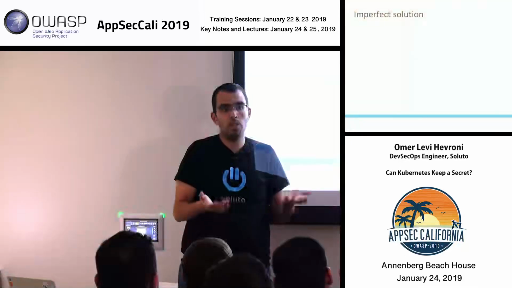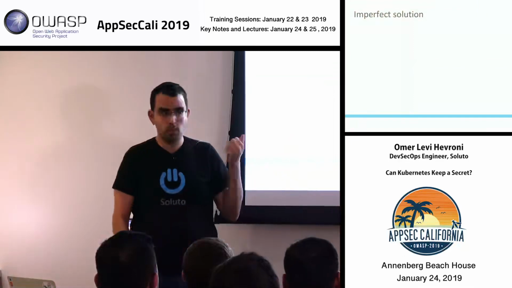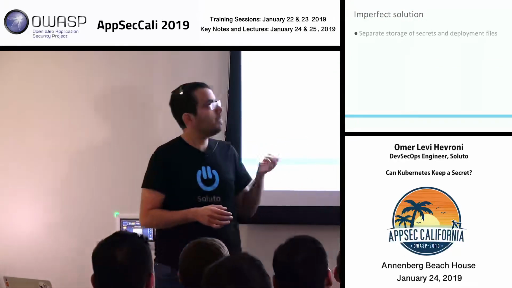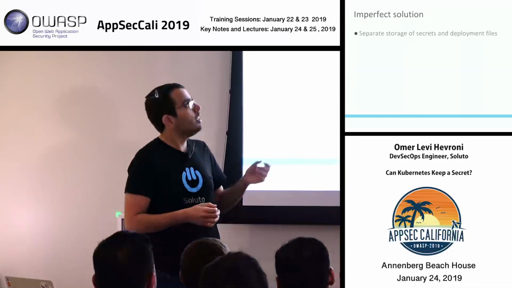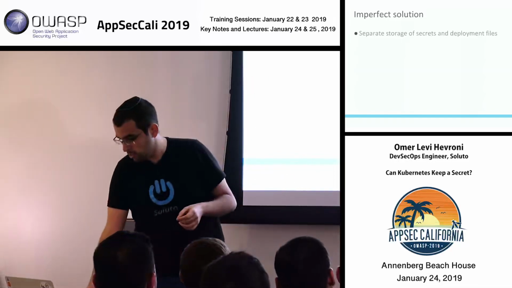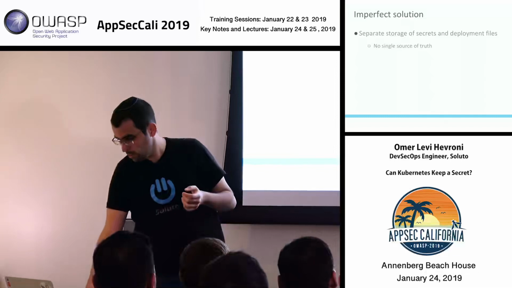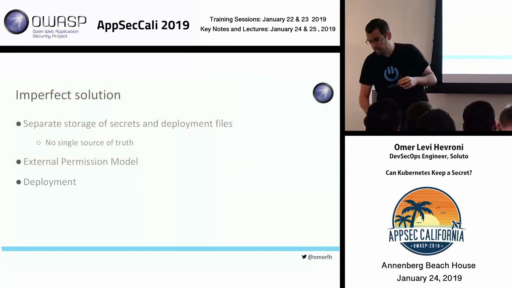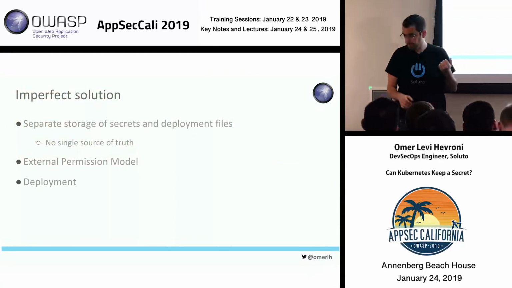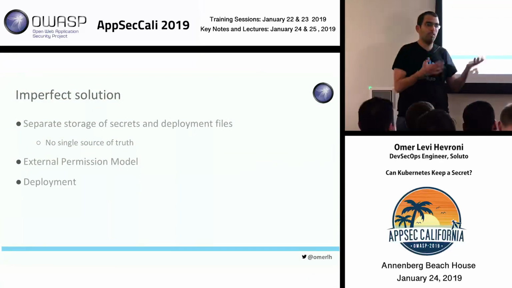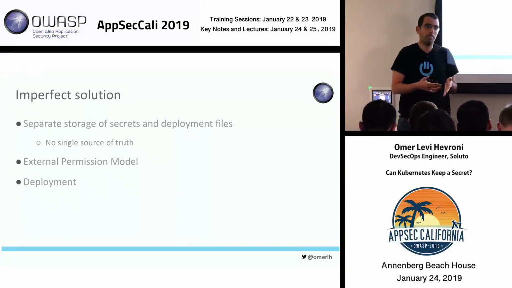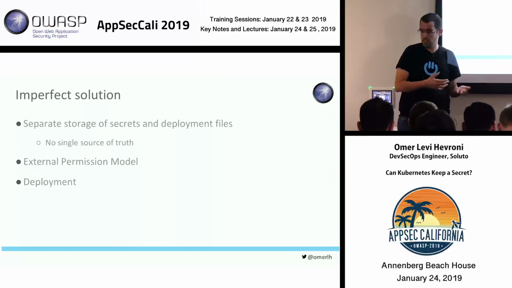For example, at Soluto, we don't use Vault currently. So if you want to use Vault, you first need to handle deployment. This is what I talked about: separate storage, and no single source of truth. And the external permission model, sorry. And then there is the point of deployment. Because if you're like us and you don't have an existing deployment of Vault, you need to make sure you create a secure deployment of Vault, because if it's not secure, there's no point in using it.